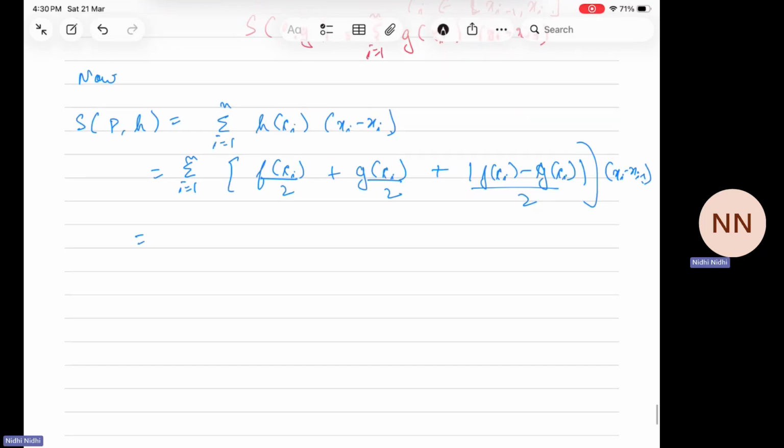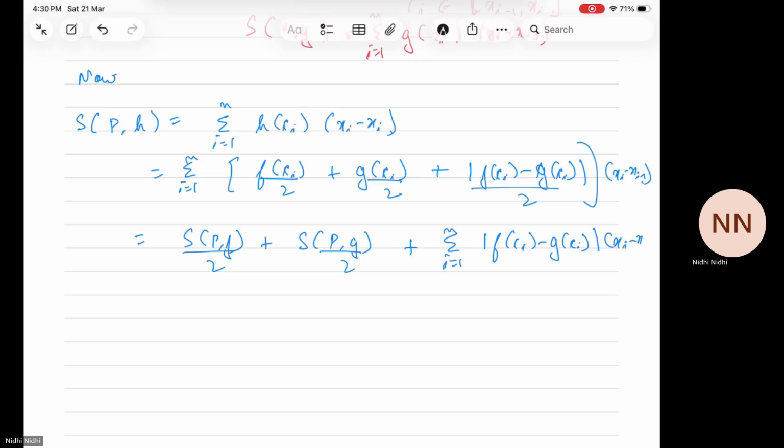So this is S_P(f)/2 plus S_P(g)/2 plus the summation i from 1 to n of |f(c_i) - g(c_i)| times |x_i - x_{i-1}| over 2.